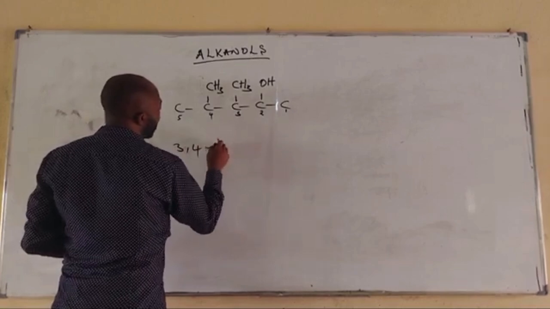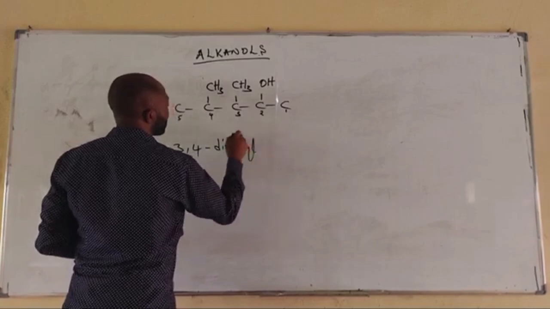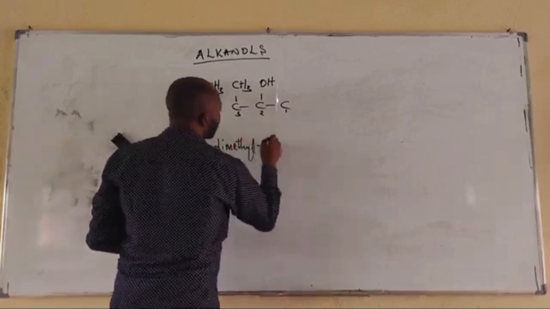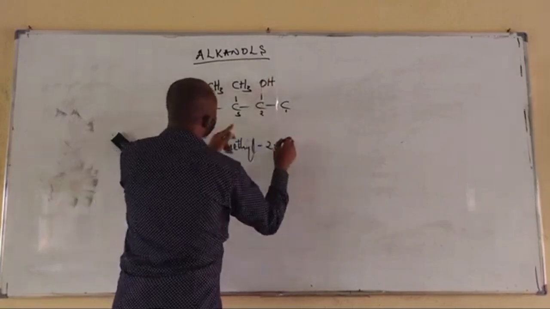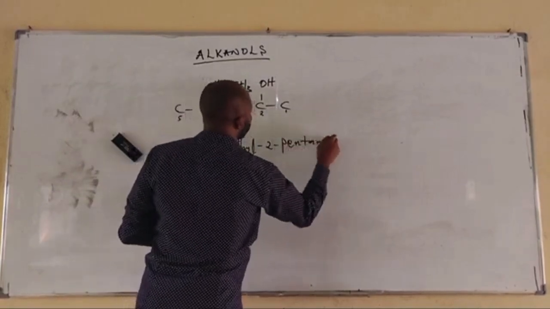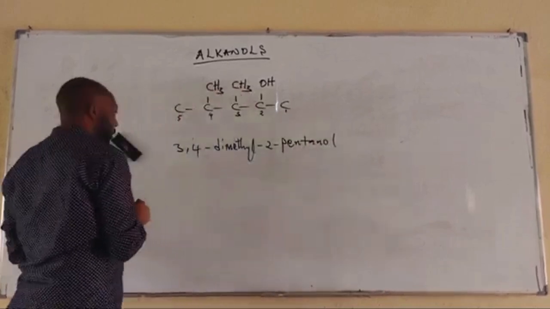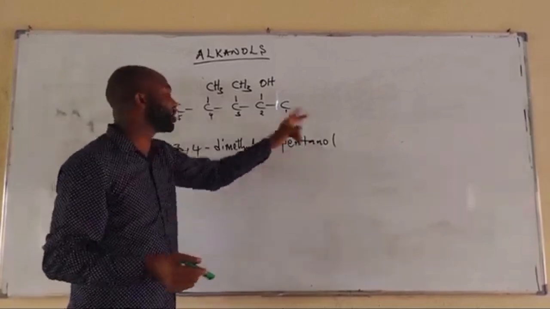Let me write it out. 3,4-dimethyl, 2, OH is in position 2, pentanol. Or 3,4-dimethylpentan-2-ol.